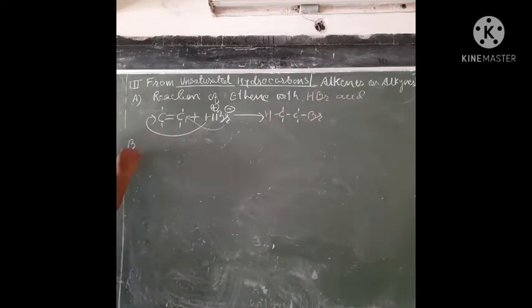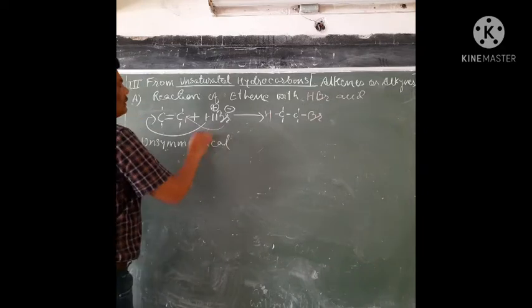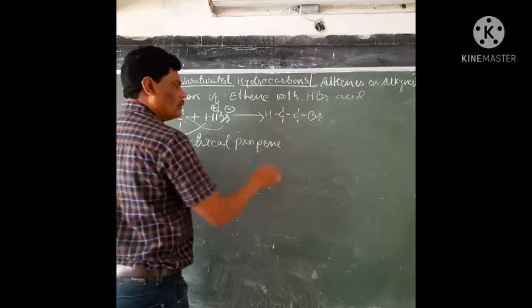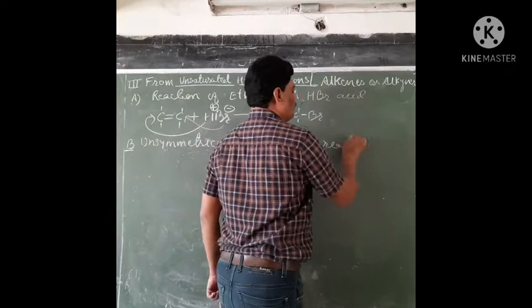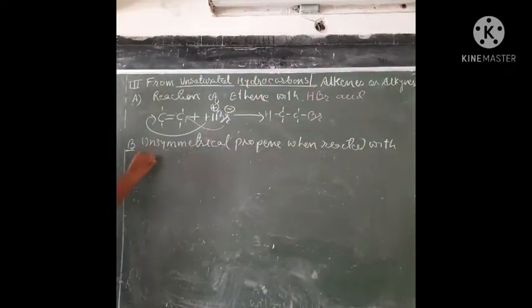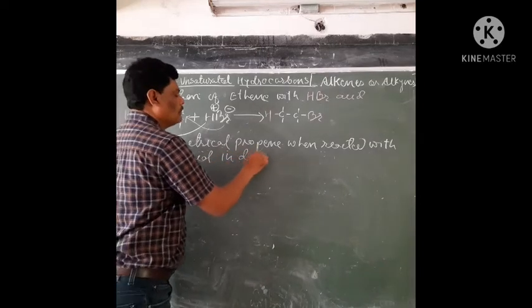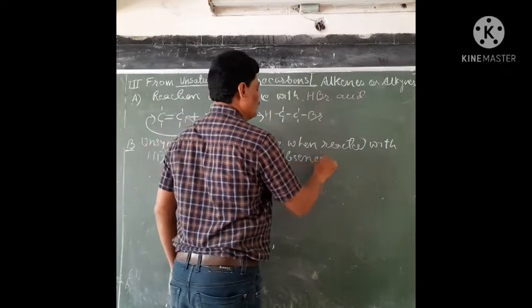This is called unsymmetrical alkene, propene, that is the alkene propene, when reacted with HBr acid in dark, that is, you can say absence of any catalyst.